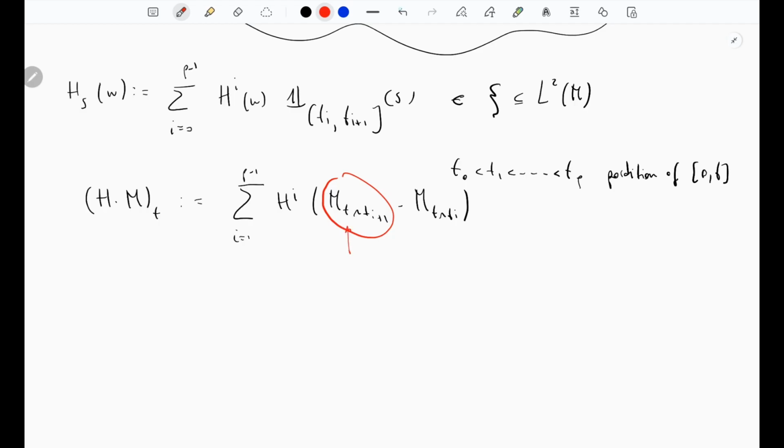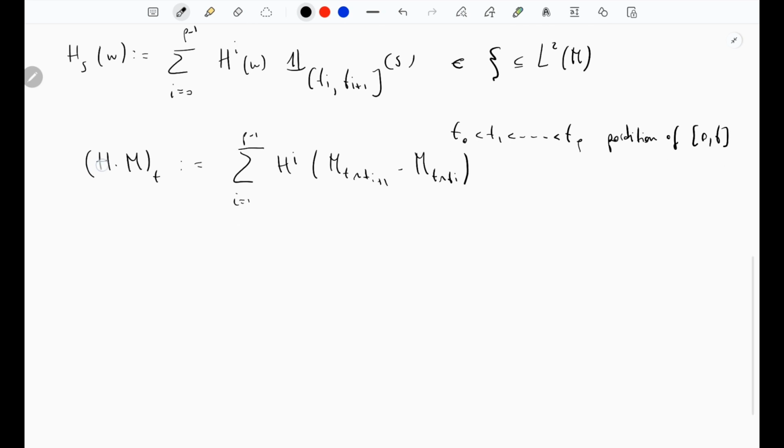So that's the infimum. This is notation for the infimum. Sometimes you write this, sometimes you can write it like this. Just notation. It means to stop the martingale.